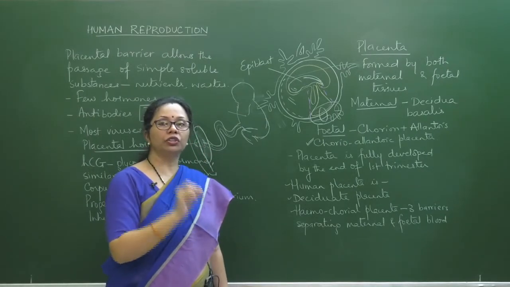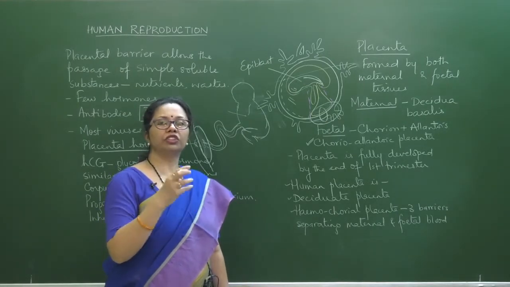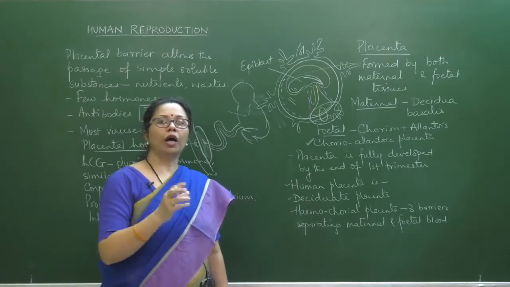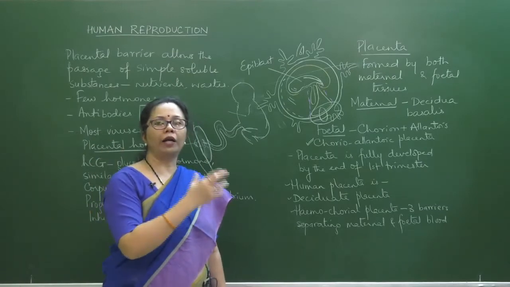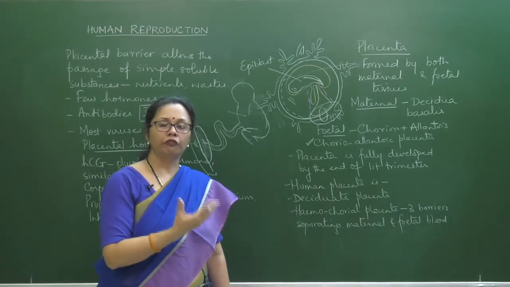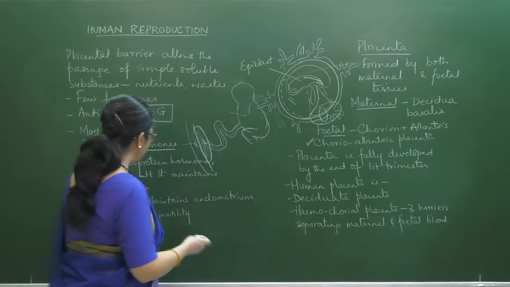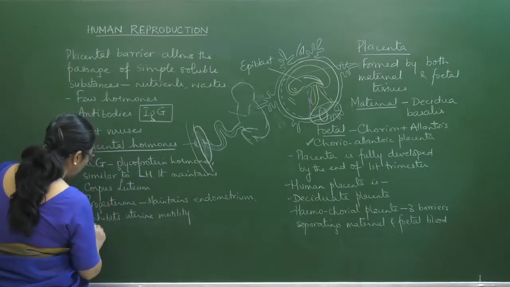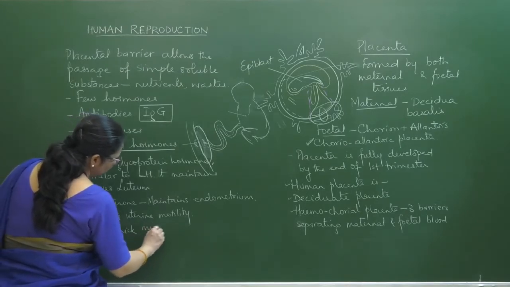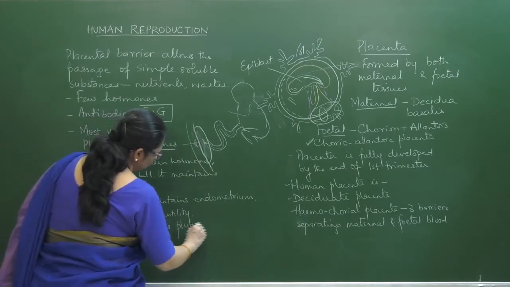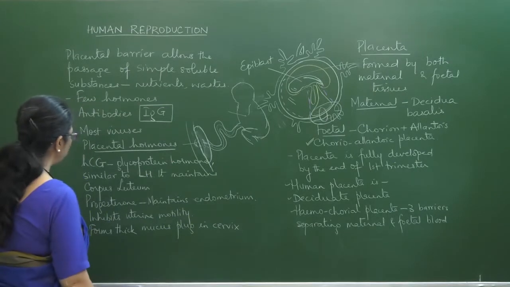There you will find in the cervix area, it is written mucus plug. That mucus plug is thick mucus which is filled up in the cervix, so that once again from outside various microbes cannot move in and cause any harm to the developing fetus, right? So that thick mucus is formed by progesterone. So this forms a thick mucus plug in the cervix.